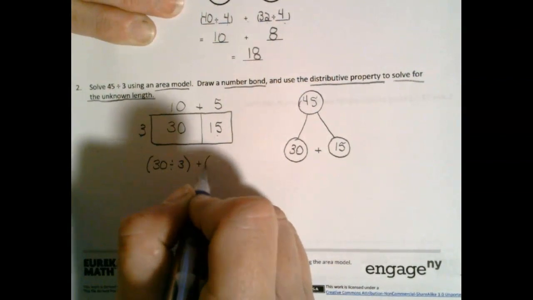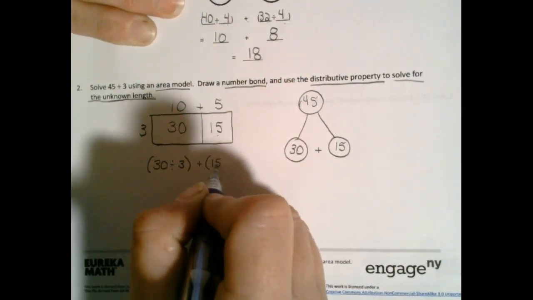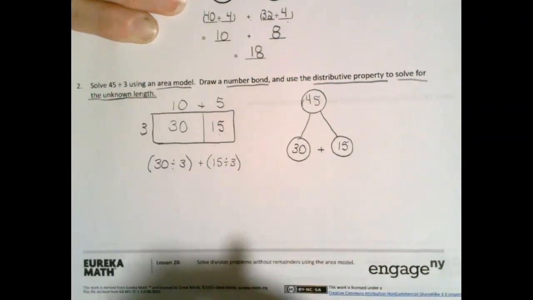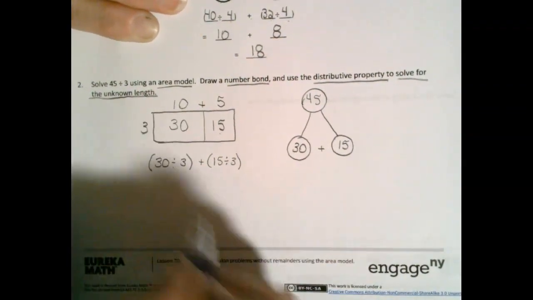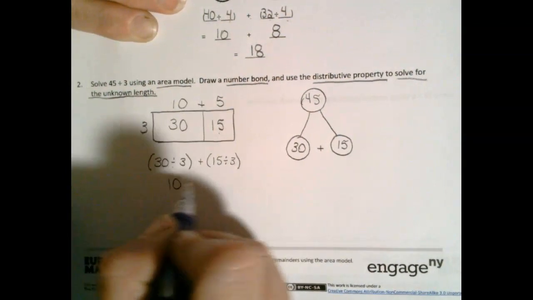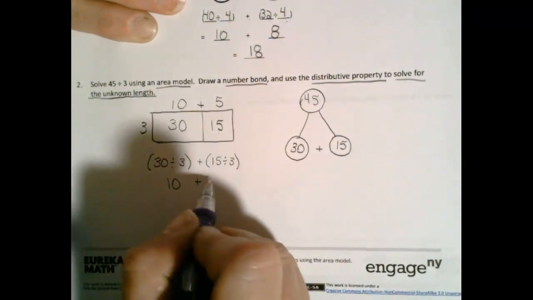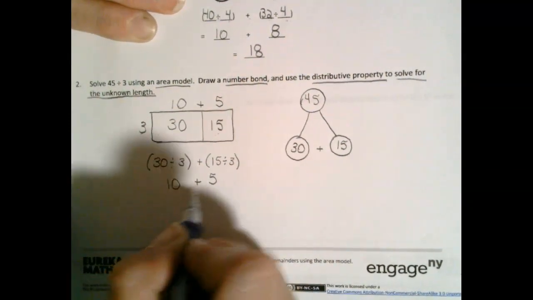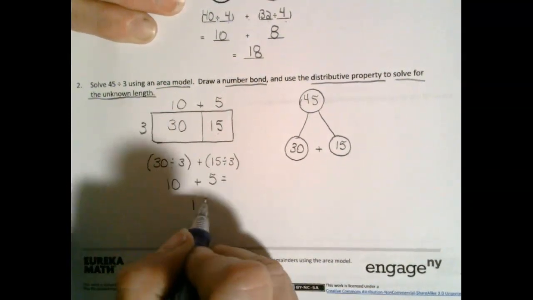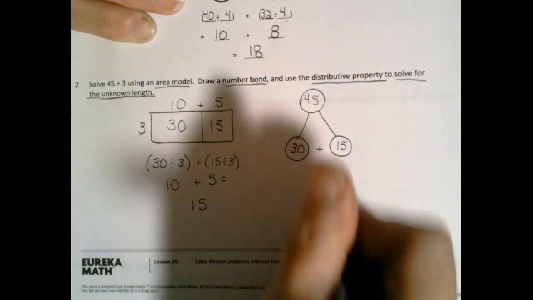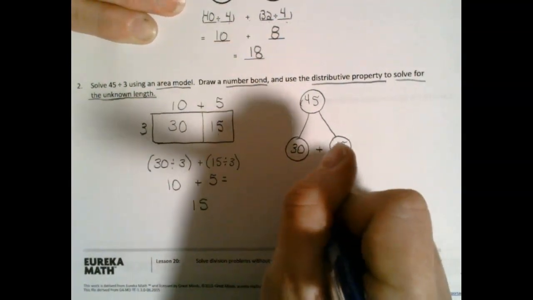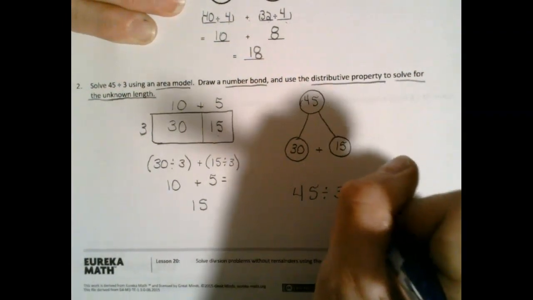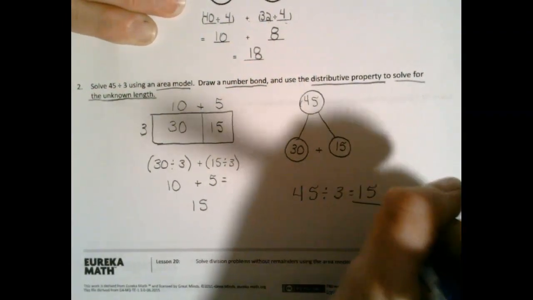And then I'm going to add that to 15 divided by 3. So now I can solve. 30 divided by 3 is going to be 10, plus 15 divided by 3 is going to be 5. So 10 plus 5 is going to equal 15. So that means that 45 divided by 3 equals 15.